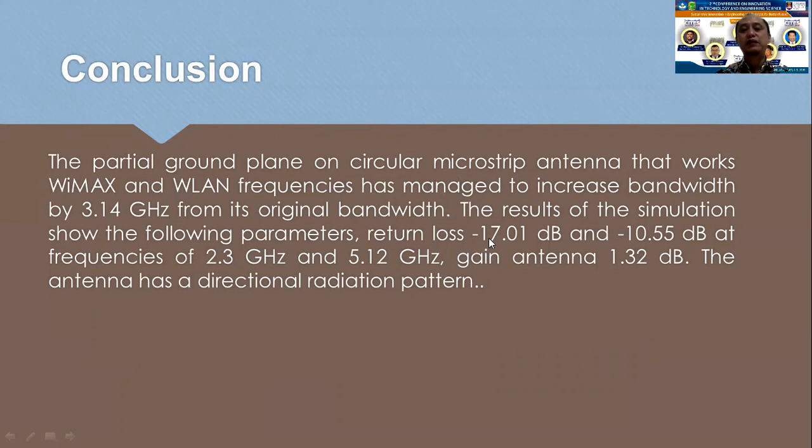Return loss is minus 17.01 dB and minus 10.55 dB at frequency of 2.3 GHz and 5.12 GHz respectively. And the maximum gain of the antenna is 1.32 dB. Then the antenna has a directional radiation pattern.